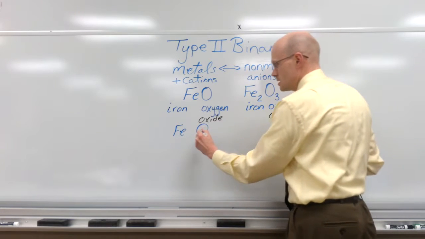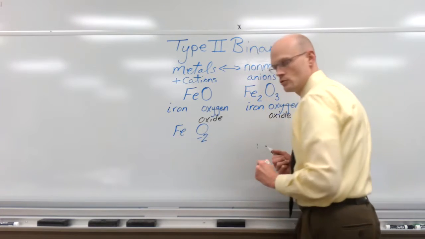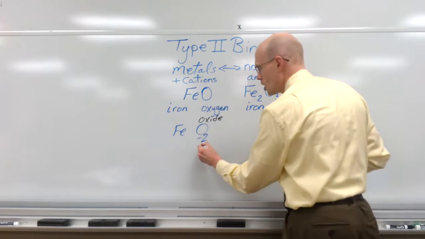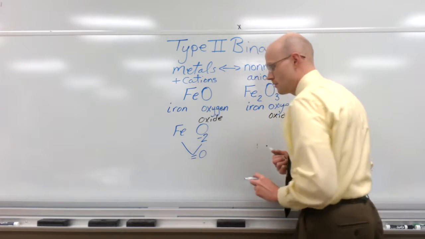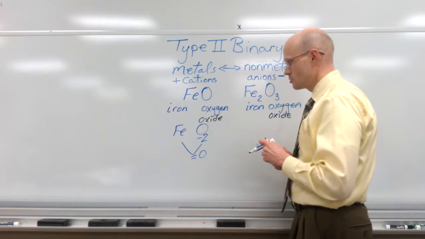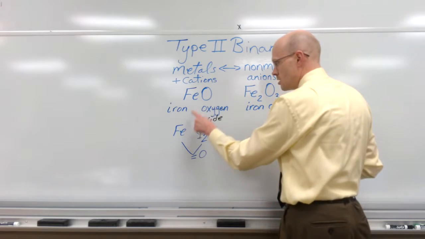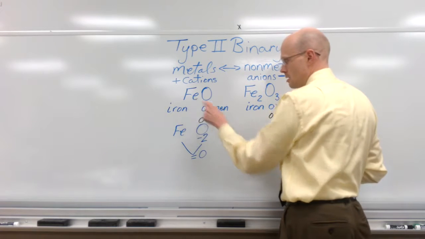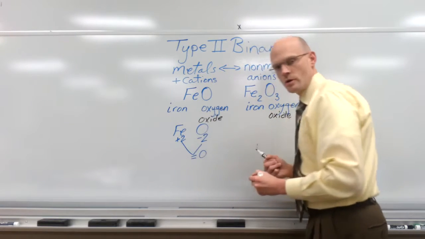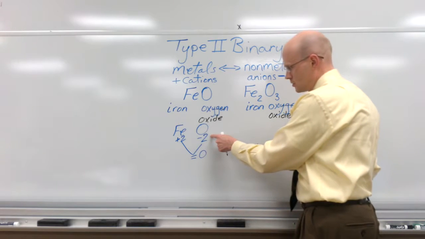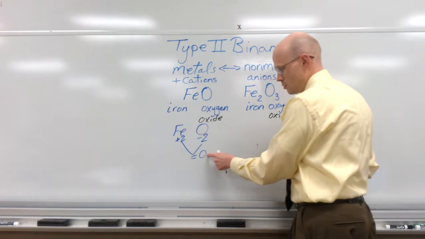Oxide is commonly a -2 charge. We know that compounds have a neutral charge, a 0 charge. So this single iron cation must be a +2 charge to go with that -2 to equal 0.